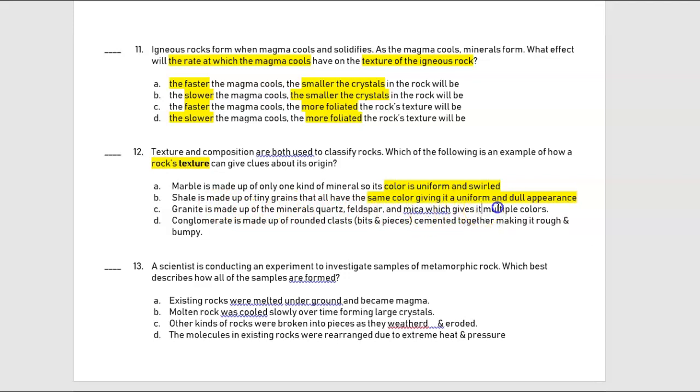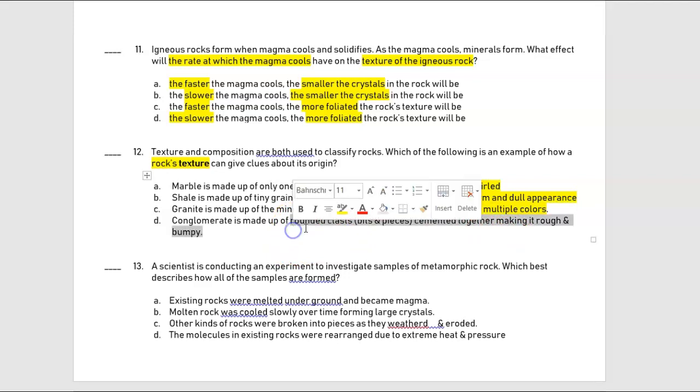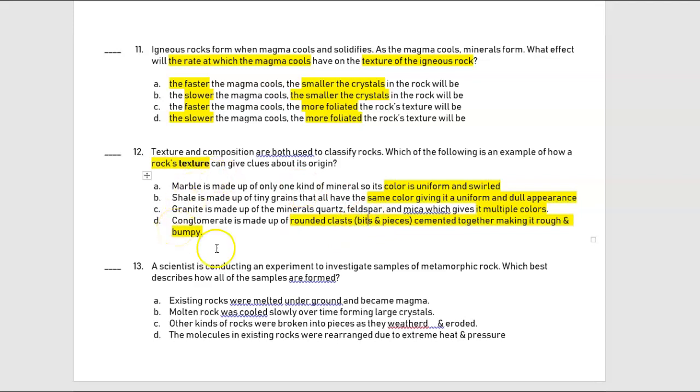So here we have multiple colors. And D, conglomerate is made up of round clasts, which are bits and pieces, cemented together, making it rough and bumpy. So here we have round clasts make it rough and bumpy. Okay, so which of those is talking about the rock's texture?